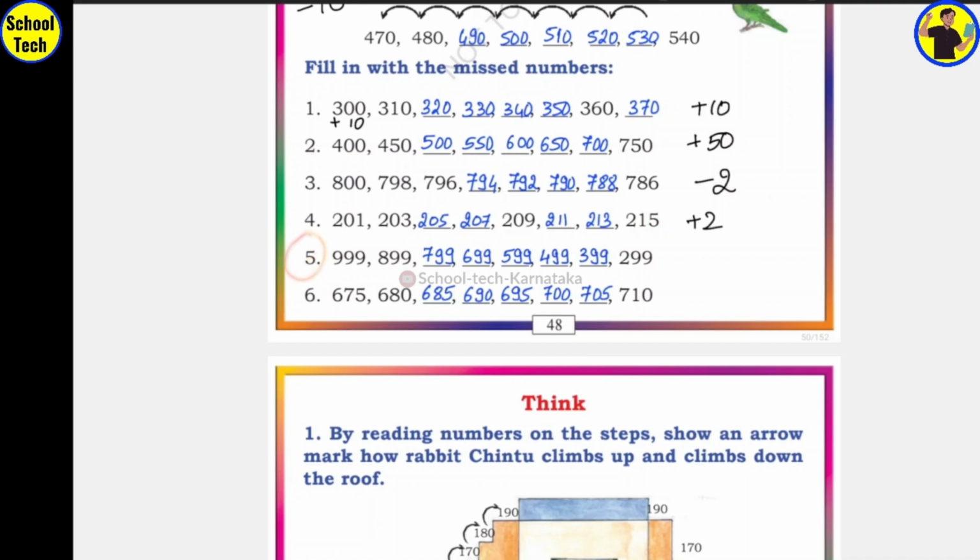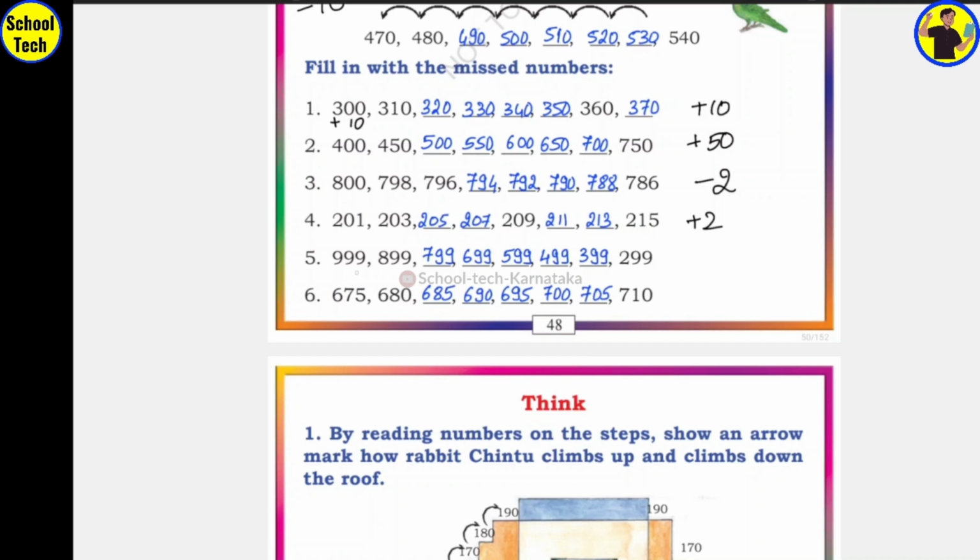Fifth one. First number is 999 and second number is 899. Remember to always compare these two numbers. 999 is greater than 899. So we subtract.